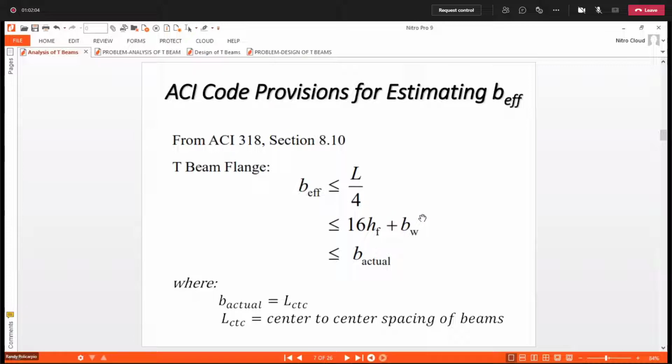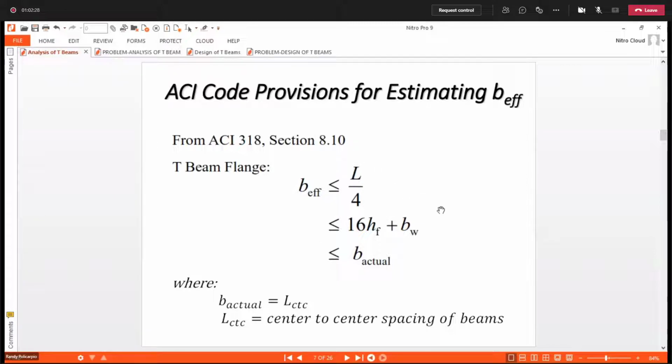Meron siyang BW. Okay, BW plus ln over 4, no? Yun yung NSCP. So BW pertains to the width, no? Width of the beam, no? Okay? So I will verify that, no?